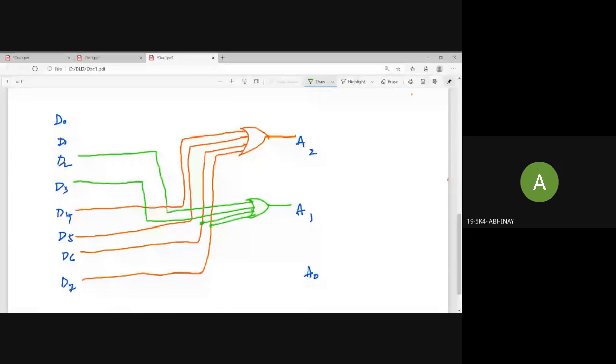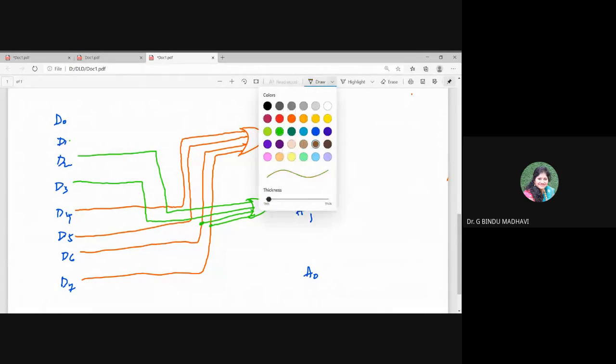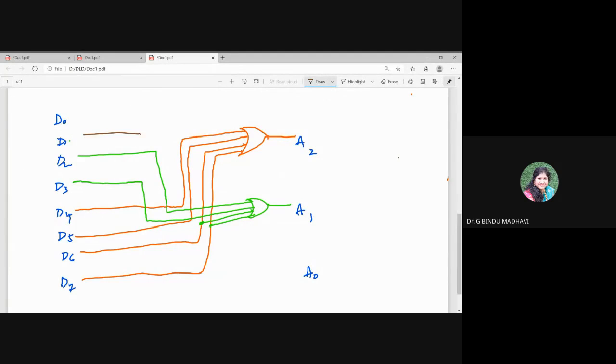Okay. Next, coming to A0: D1, D3, D5, D7. D1 is supplied to the OR gate.